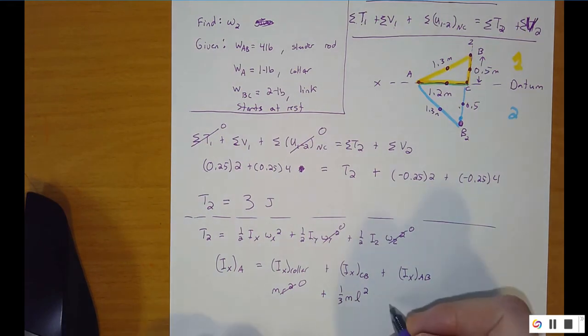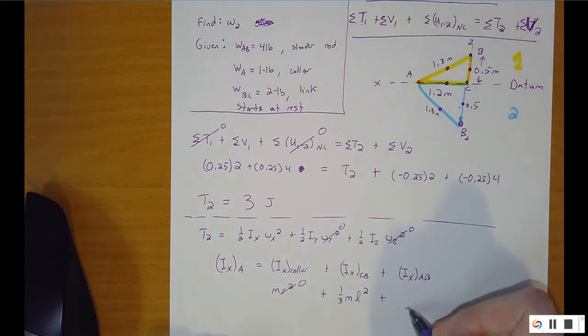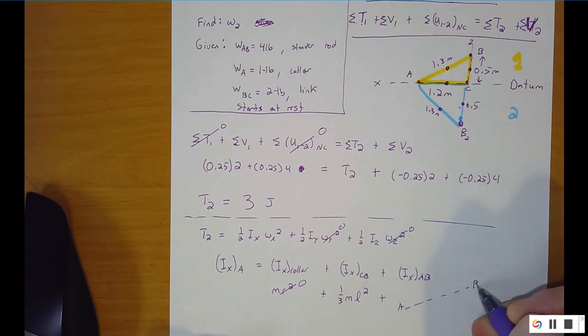And then for AB, what we're going to do is take a bar up in this. So this is A and B, so we're going to find this x prime axis, and then we're going to rotate it using the equation we've used before down to the x-axis.